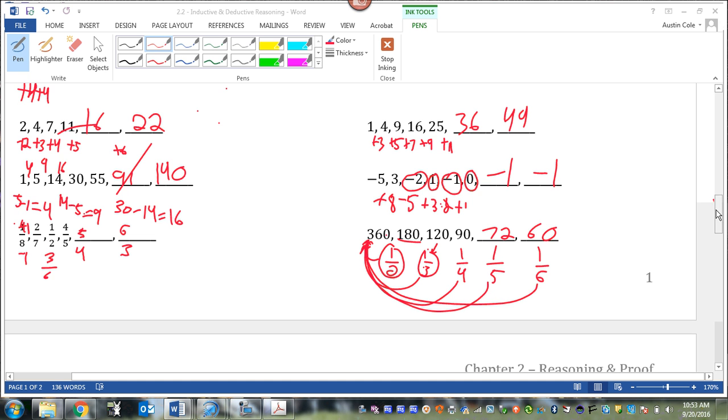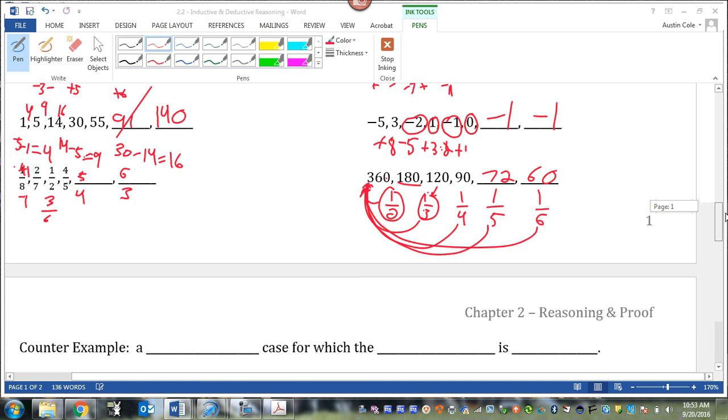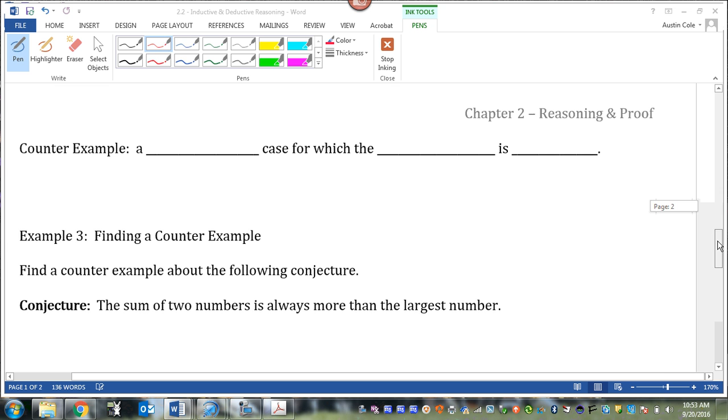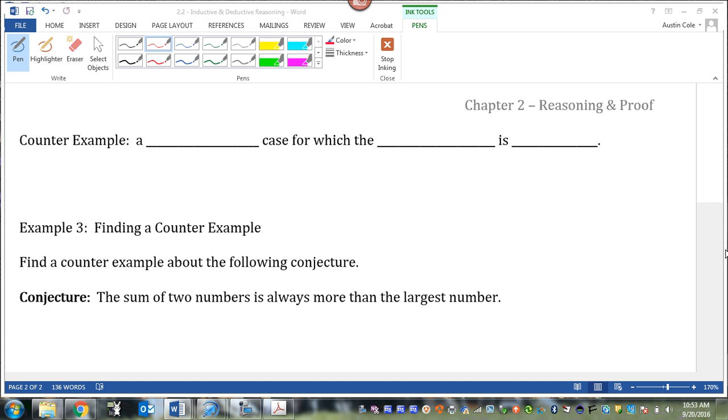Anybody have any questions before we move on? So when we're proving things mathematically, the easiest way to disprove something is through a counterexample. What is a counterexample? Austin. Something that contradicts that.